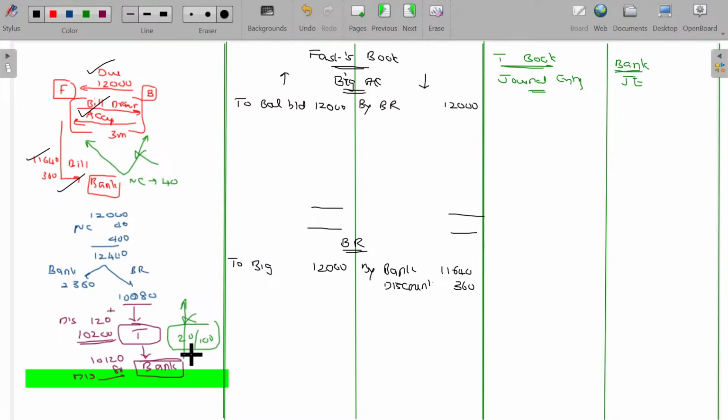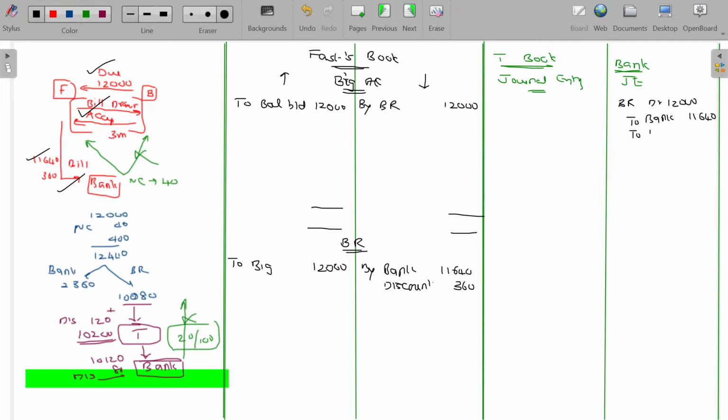And how will this appear in the bank account? Now the bank purchases the BR for this payment. BR account debit. The amount received, the value received being 12,000. But the amount paid to the bank is how much? 11,640.